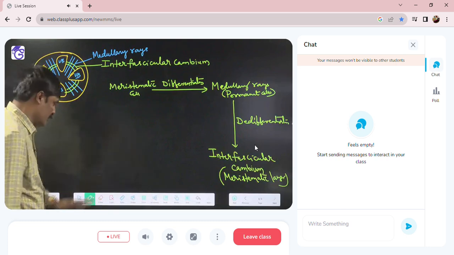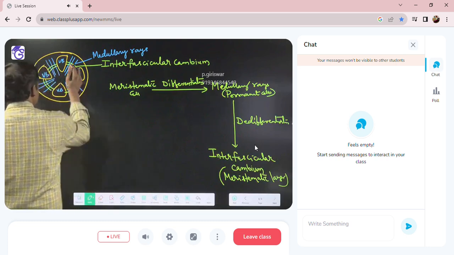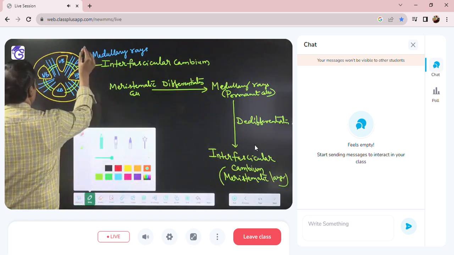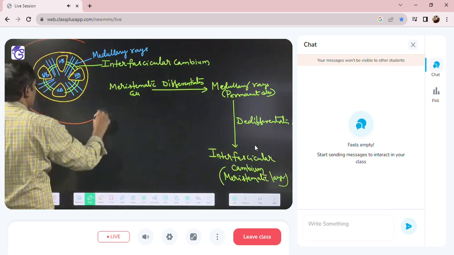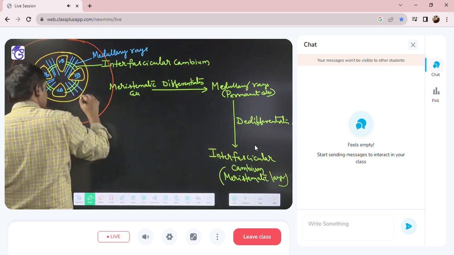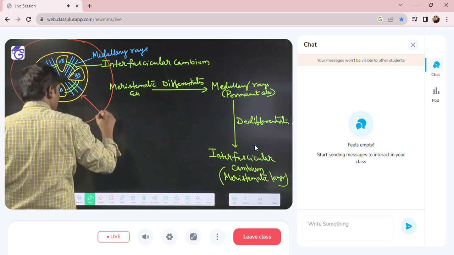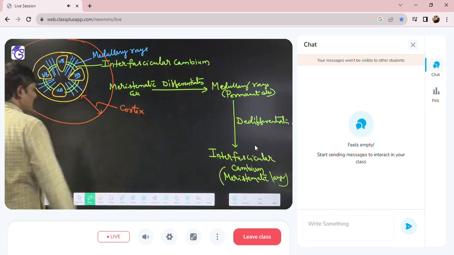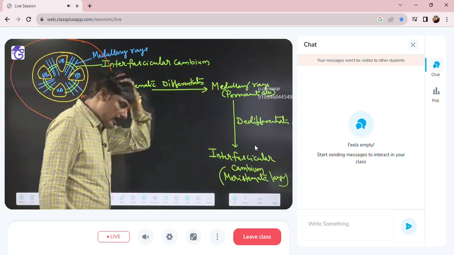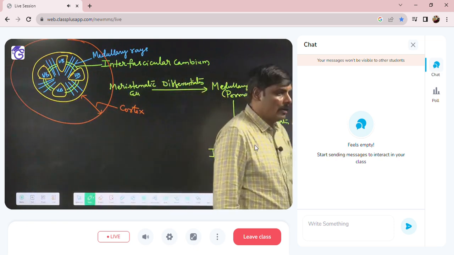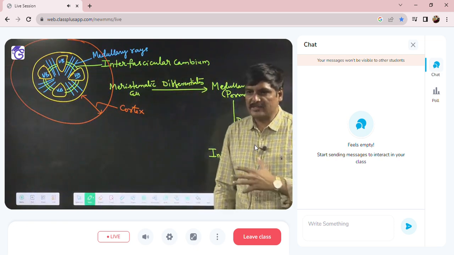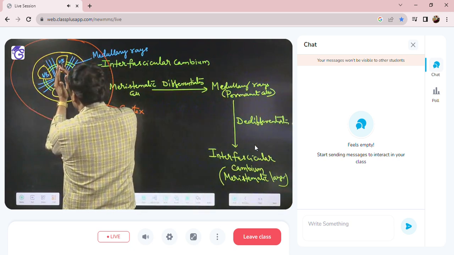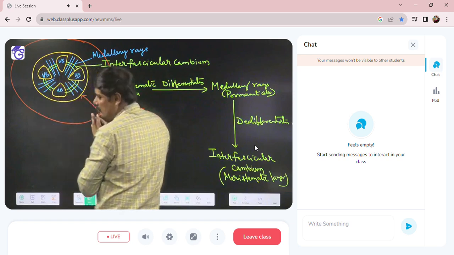This is one aspect. Next, you see now, in the dicot stem only, this region is called cortex. I told you secondary growth occurs in two phases. Secondary growth occurs inside the stele, stellar secondary growth.